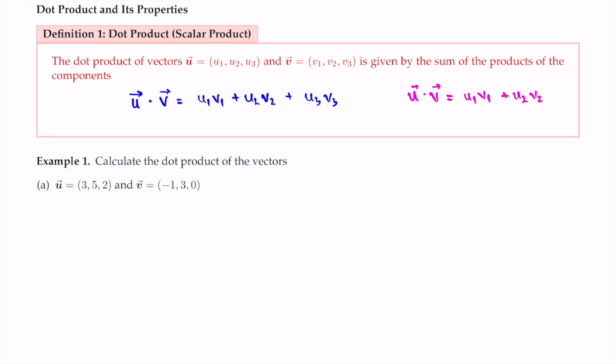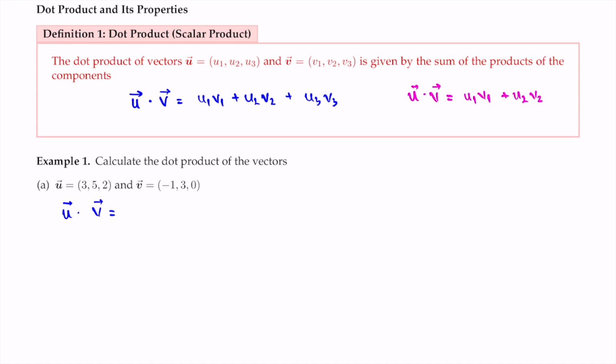Next, let's do the following example. We would like to calculate the dot product of the two vectors u equal to 3, 5, 2 and v equal to negative 1, 3, 0. This should be a very straightforward calculation. So you get u dot v. From now on, I will be very specific with the notation in terms of what is the dot product and what is the regular multiplication.